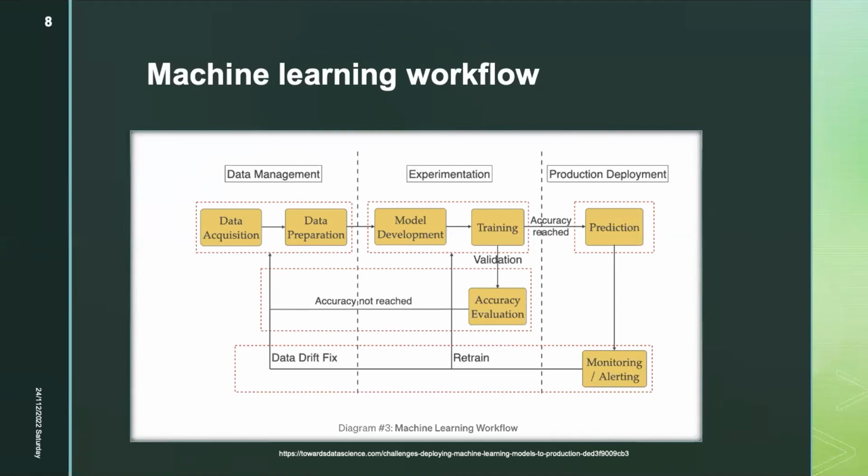You can use any form of algorithm, but if the data is not good, then the output might not be as expected. So the first thing that a lot of machine learning engineers and data scientists focus on is identifying the correct data and preparing the right form of data. This involves acquiring the right set of data.